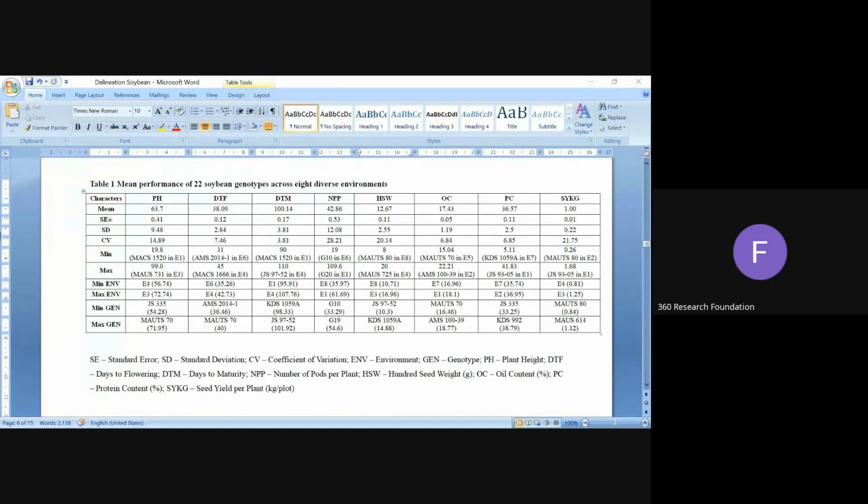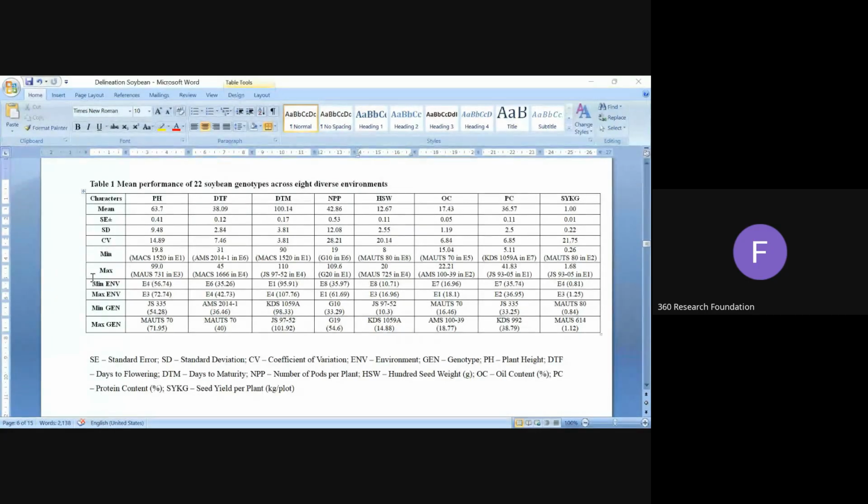Yeah, so see, standard error, standard deviation, coefficient of variation. Then here you will get the minimum value. As we are saying, MAUTS 80 is the poor performer. You can cross check here, this MAUTS 80 has less value.